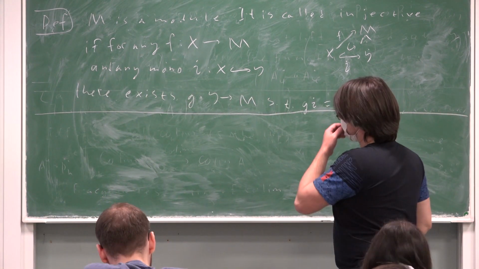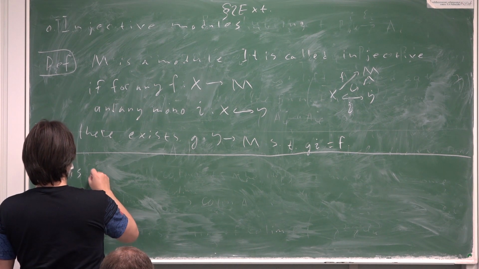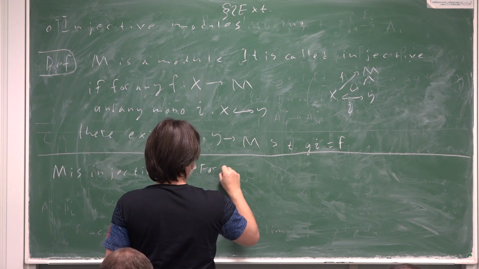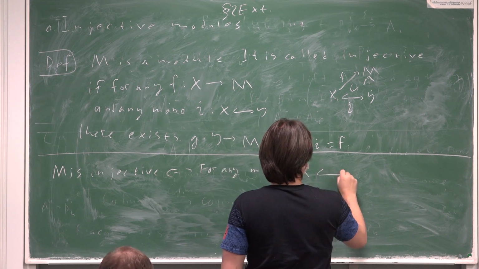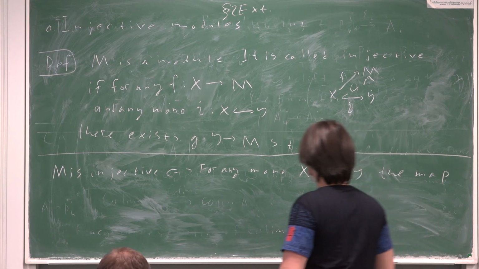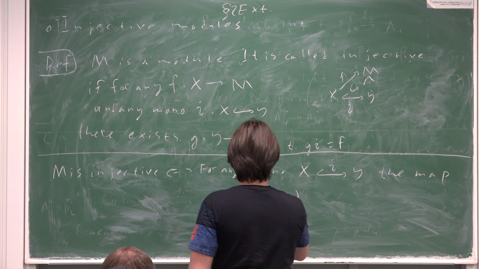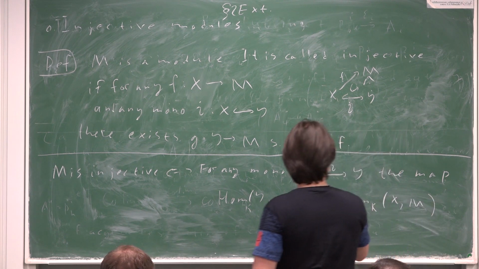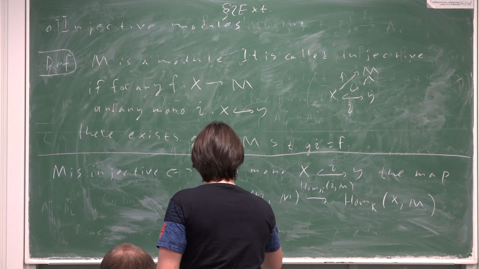So it's not difficult to see that M is injective if and only if for any mono iota from X to Y, the map Hom_R(Y, M) to Hom_R(X, M) is epi.